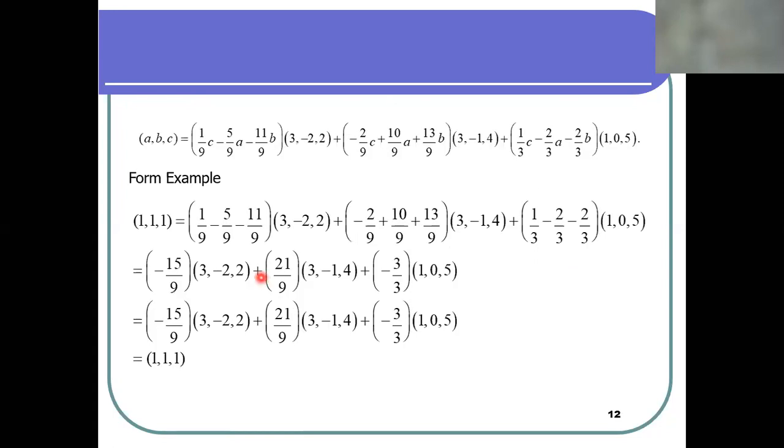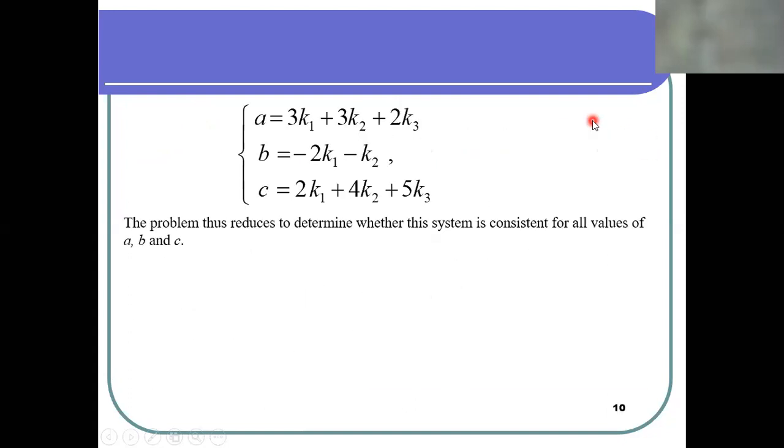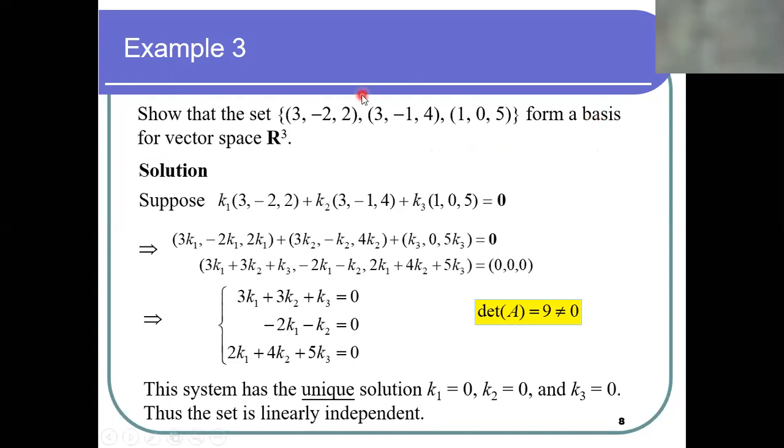So, for example, any arbitrary element (a, b, c) of R cube can be written as a linear combination of these vectors, which are given in this subset.